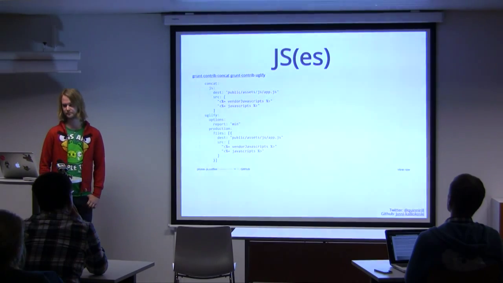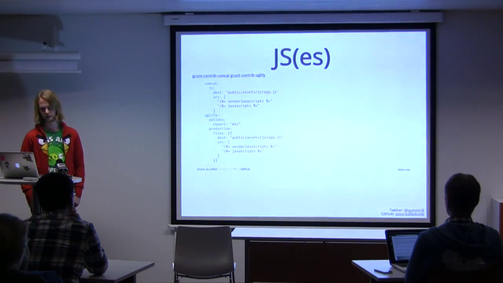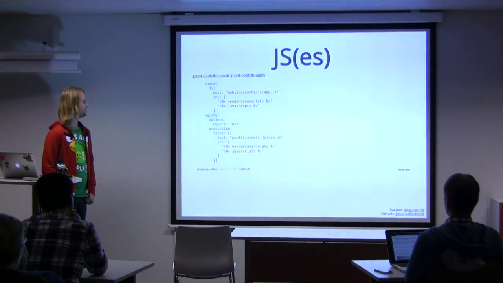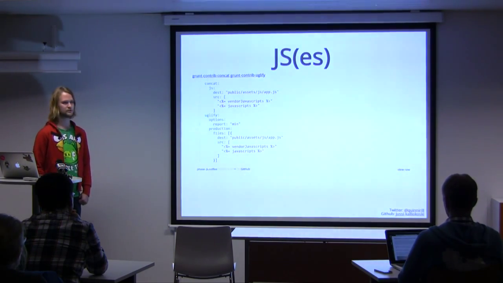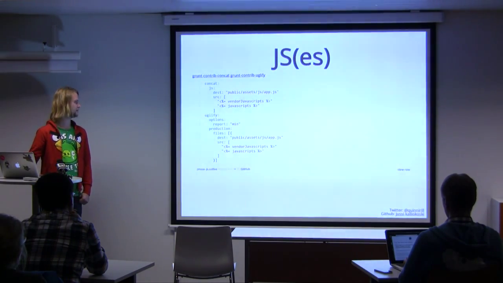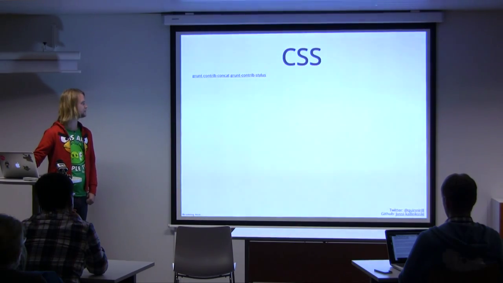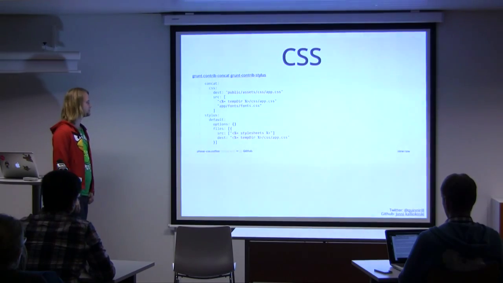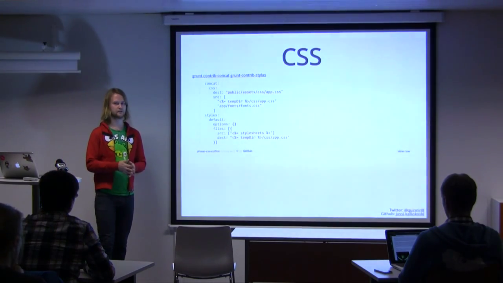So for our JavaScript, I used Grunt concat, which is, well, if you've ever used the command line cat, it basically does the same thing. Then for the CSS, also concat, because I have a static generated font reference file, so I want to concatenate that with my style sheets.